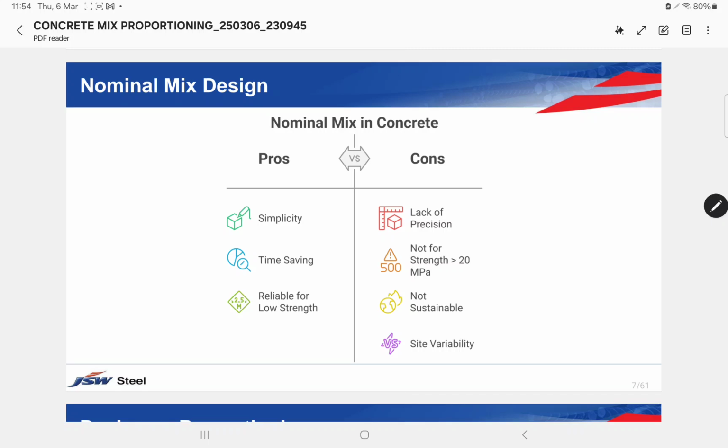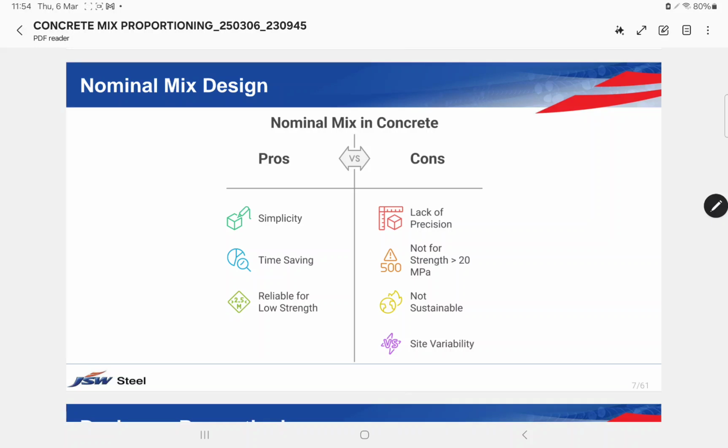And this way you can do the mix for only M20 grade concrete. So there are some limitations also, and the limitation is that only up to M20 grade you can do this mix. This proportion of material quantities is valid only for considering that you are using river sand.